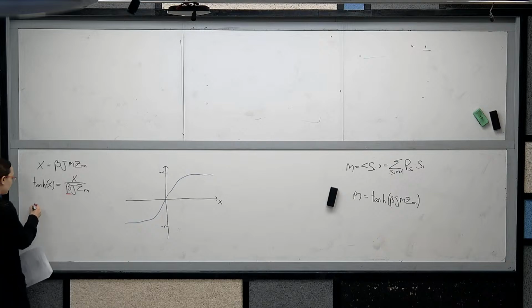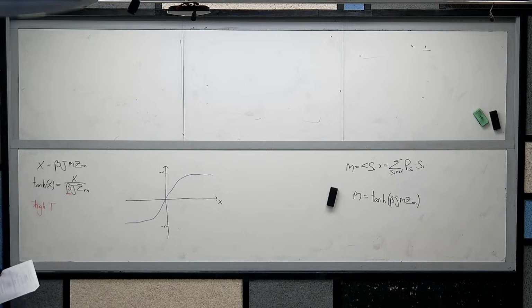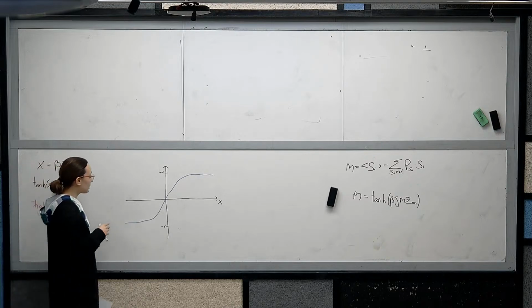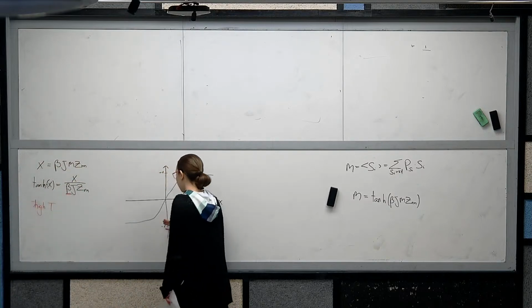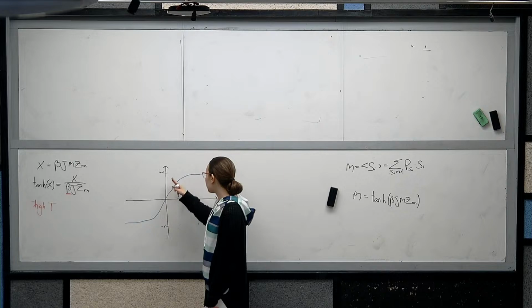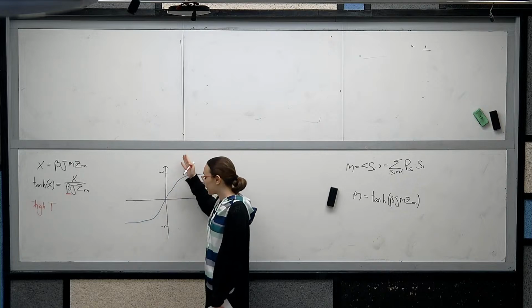So for high temperatures, let's write it as high T's. So beta is small, so the slope of the graph is steeper.